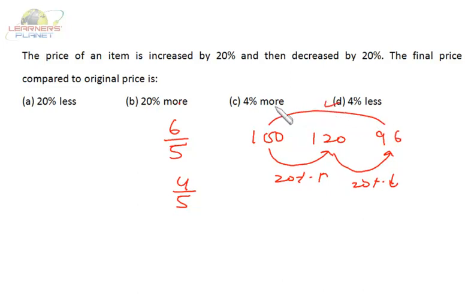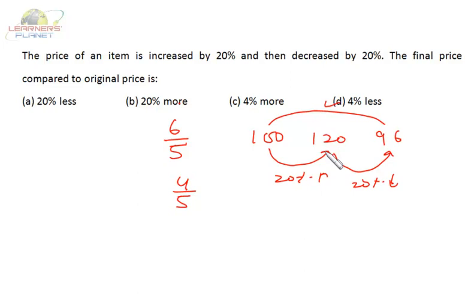Generally what students do, they just see that the price is first increasing by 20% and then decreasing by 20%, and conclude there is no impact. But friends, we must be very clear that in both cases the base is different. In the first case, the base is 100 on which the price is increasing by 20%.